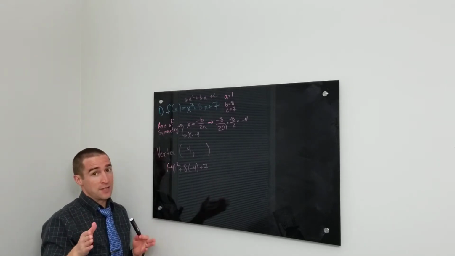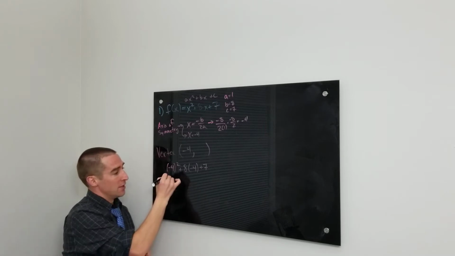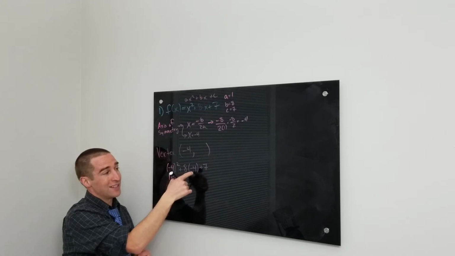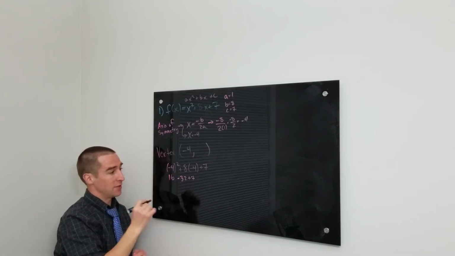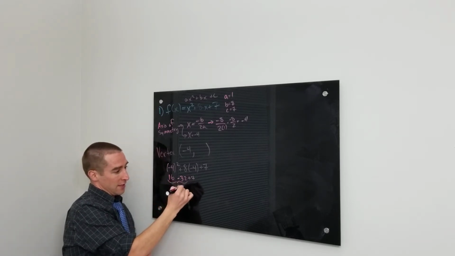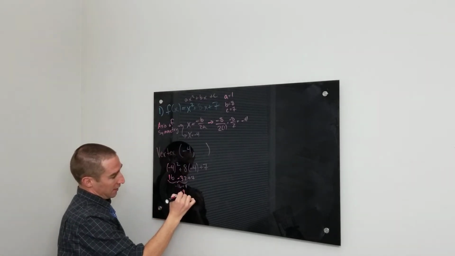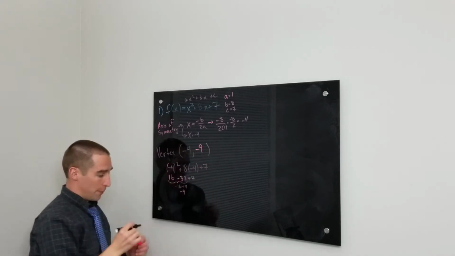And a negative times negative is a... You're right, it's positive. So 16, and then here, 8 times negative 4 is going to be negative 32. And then plus 7. 16 and negative 32 are going to give us negative 16. Plus 7 gives us negative 9. So here I have negative 4, comma negative 9.